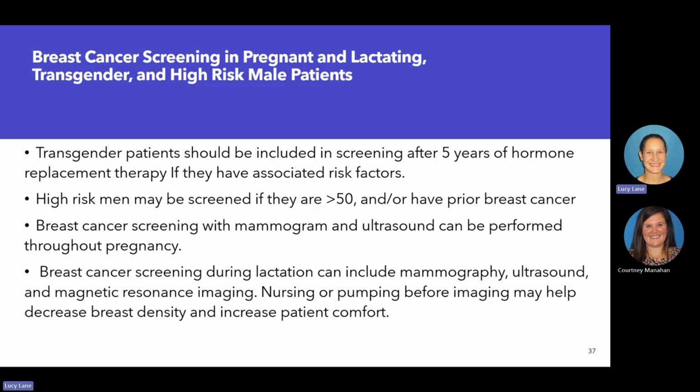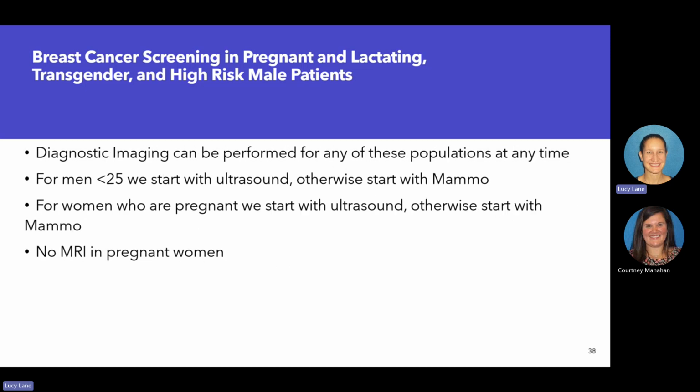Breast cancer screening during lactation can include mammography, ultrasound, and MRI. And nursing or pumping before imaging may help decrease breast density and increase patient comfort, though it's not necessary. And then diagnostic imaging can be performed for any of these populations at any time.